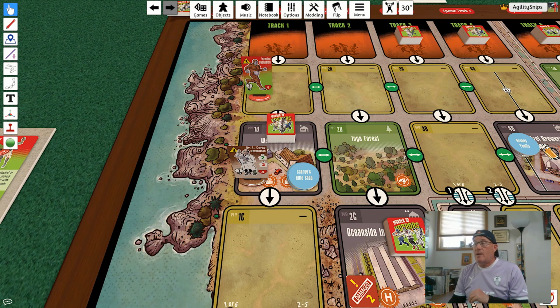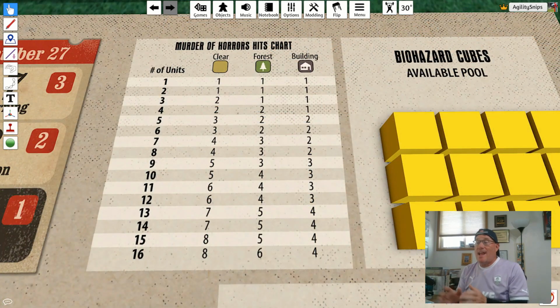So in that case, 5 divided by 3 would still end up giving me 2 potential hits. If it's happening in clear terrain, I divide by 2. So in that case, 5 divided by 2 would give me 3 potential hits. And if you don't want to do math, there's a handy chart. So you can just look at the number of units and the terrain, and it will give you the hit potential for that close combat.